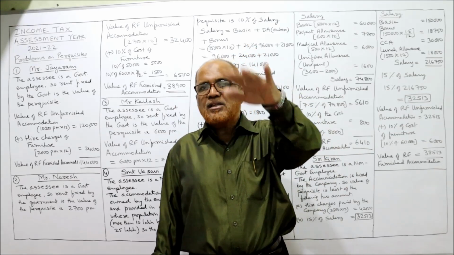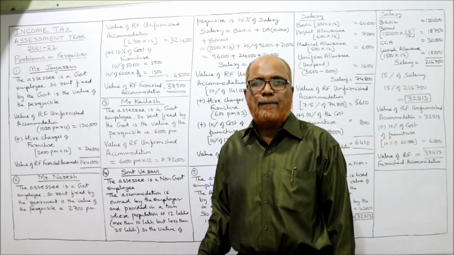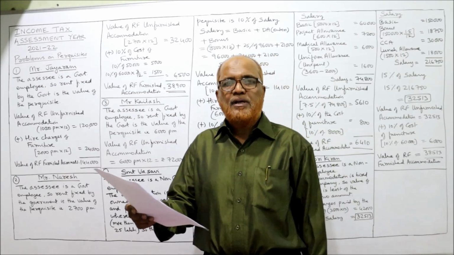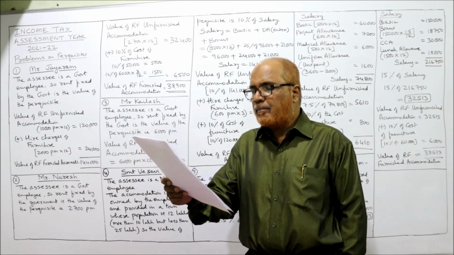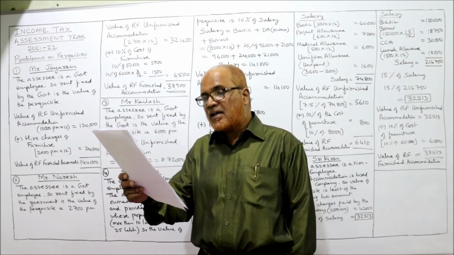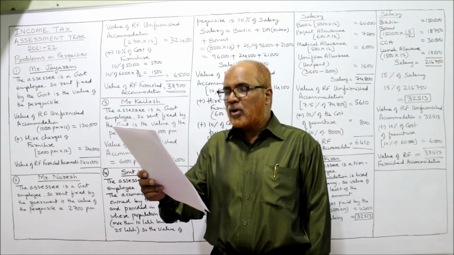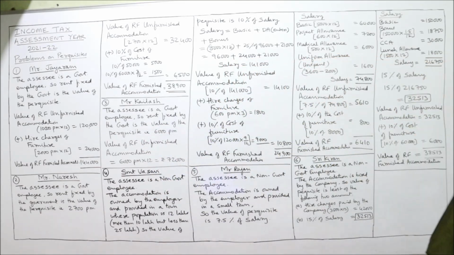That's all. So these are the provisions we have to apply for non-government employee. So here fourth problem. Srimati Vasavi is a non-government employee. Her salary particulars are basic pay 8,000 per month, DA 25% which enters into retirement benefit, bonus 21,000. She is provided with rent-free accommodation which is owned.